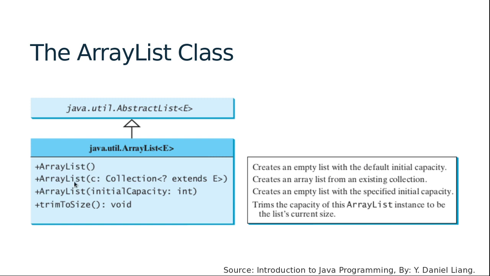Then there is a constructor which takes one collection object, so all the elements which are there in the collection will be added to the array list. There is a constructor by which you can define the initial capacity also, and then there is the trimToSize method.